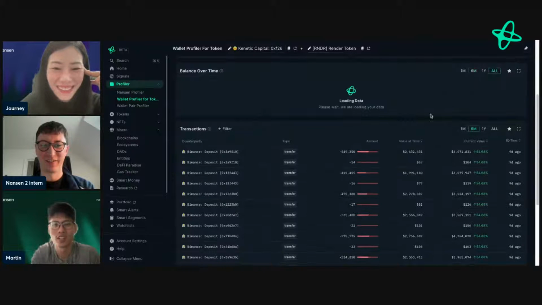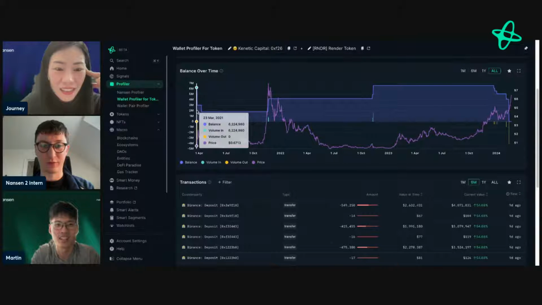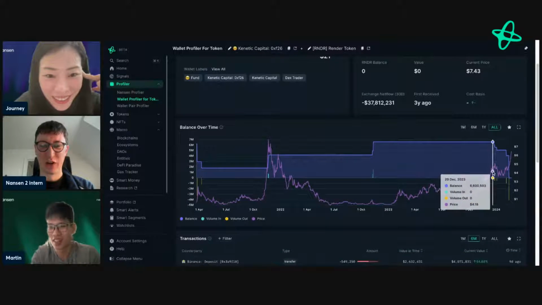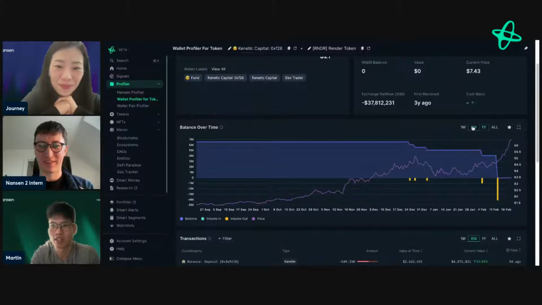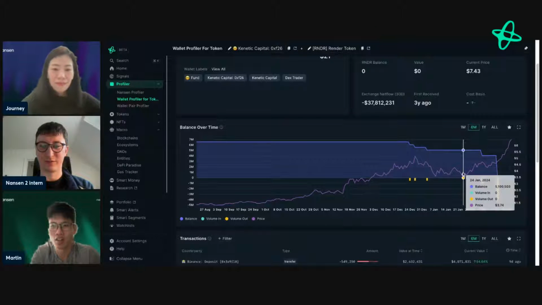But if you take a look at their entry, they got in at about 67 cents. They've been offloading it consistently over the past 1 to 2 months, and they've actually offloaded it at relatively good points in time.